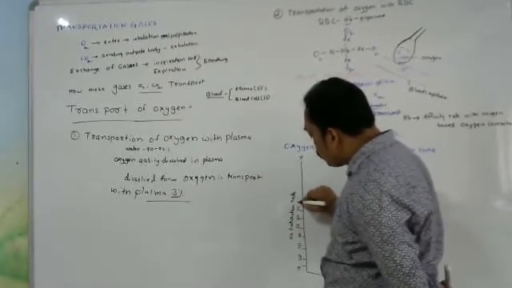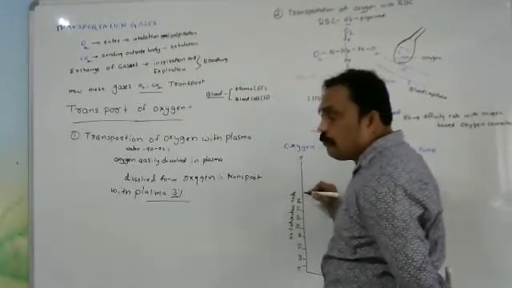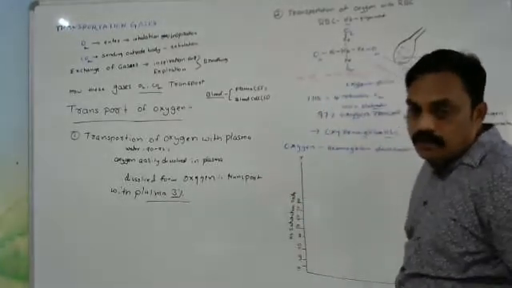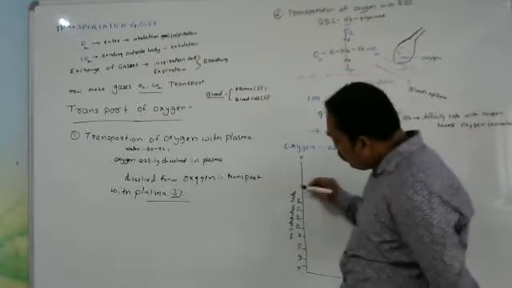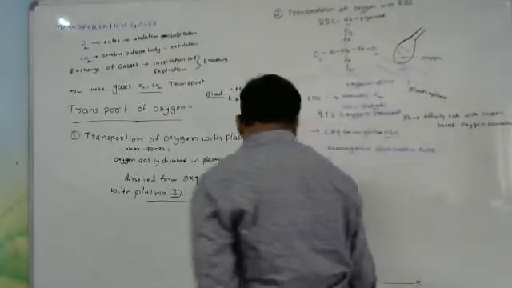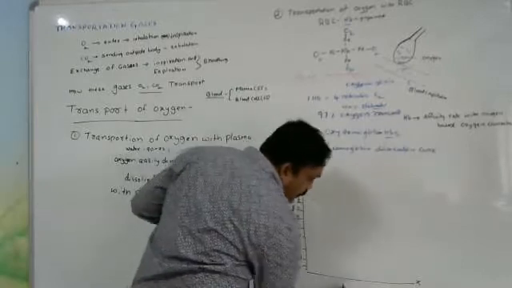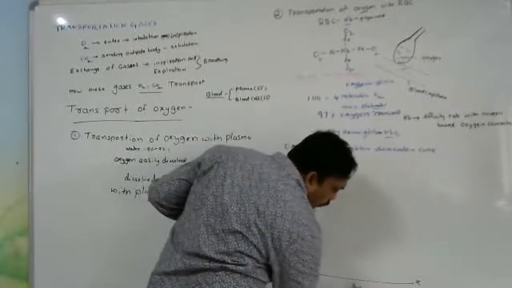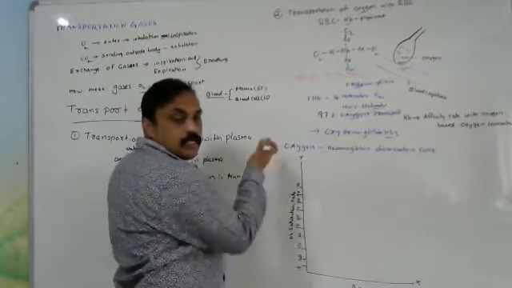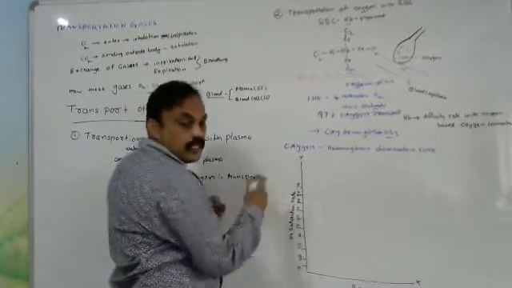What is the meaning of saturation? How much hemoglobin is used for binding oxygen molecules, up to 90, 100. So 100% saturation. On the x-axis you take the partial pressure of oxygen.